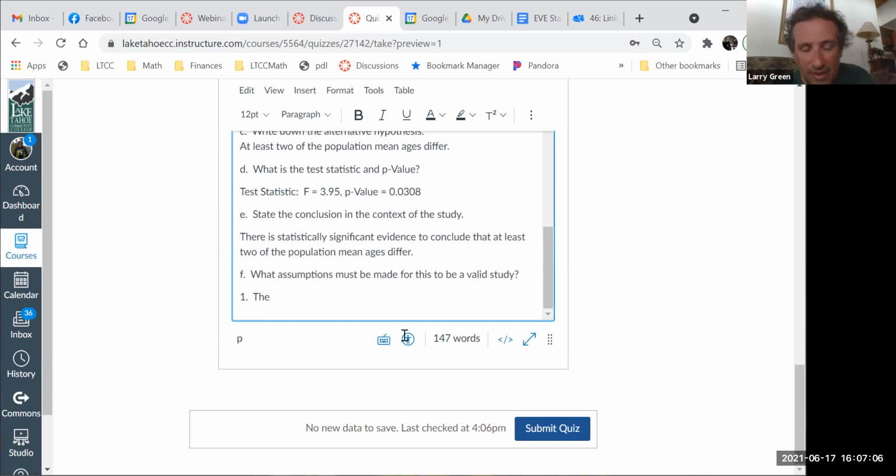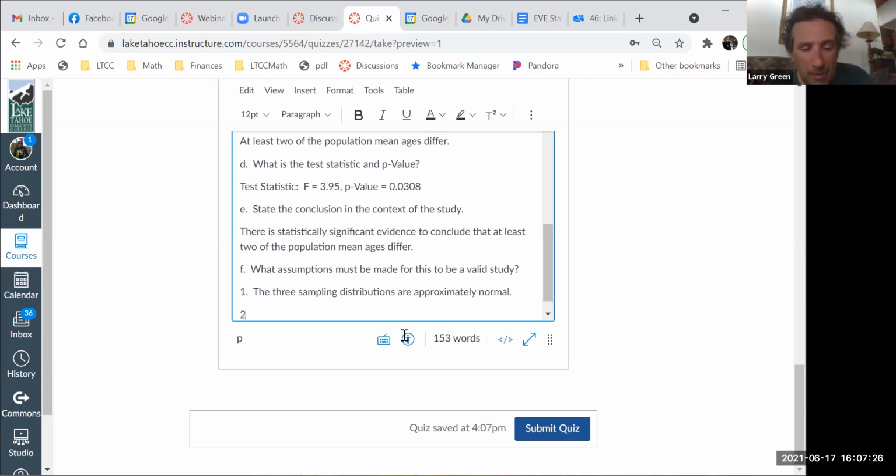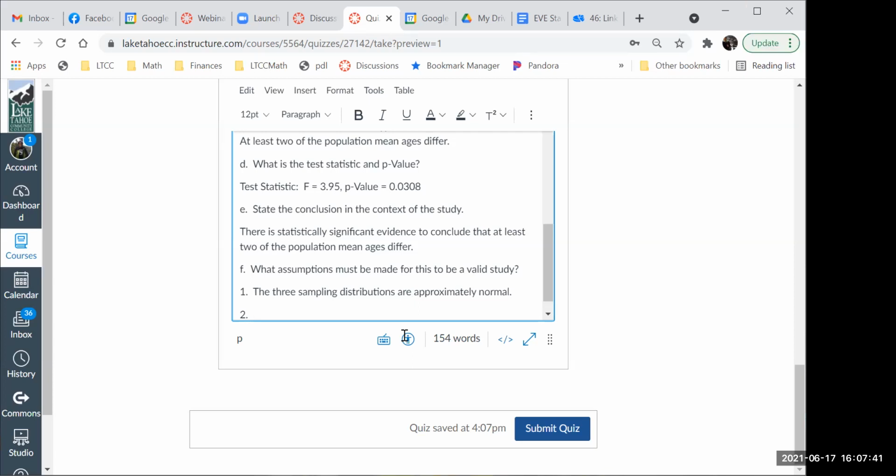So the 3 sampling distributions are approximately normal. What else must we assume? Simple random sampling technique is used.